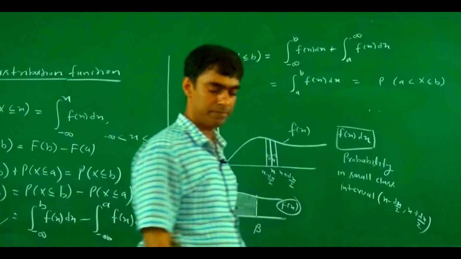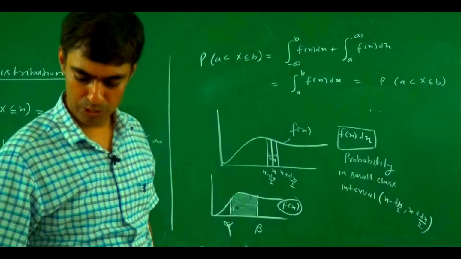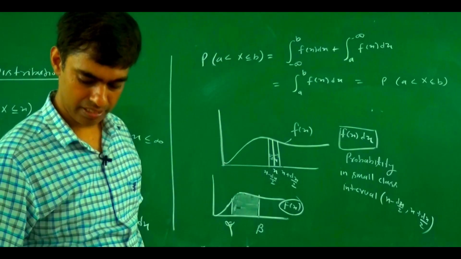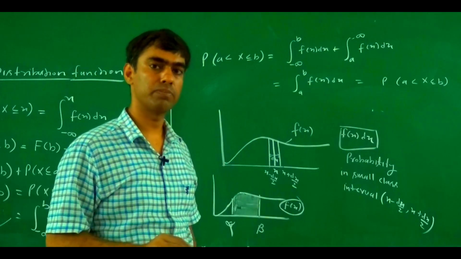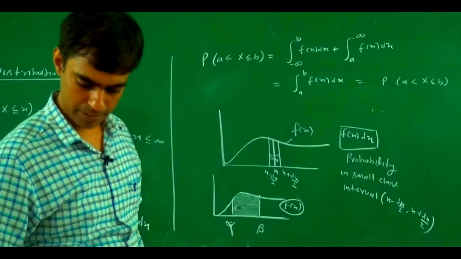And in the case of a continuous probability distribution, I emphasize again, at any particular point the probability equals 0.